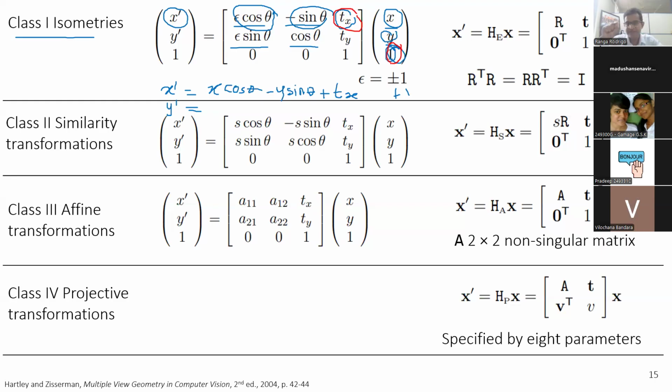So this last one is very important. You can see new x prime and new y prime can be computed if you know theta, tx and ty. When epsilon is equal to plus 1, this is called a Euclidean transformation.